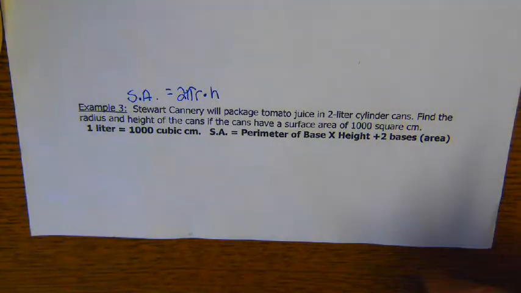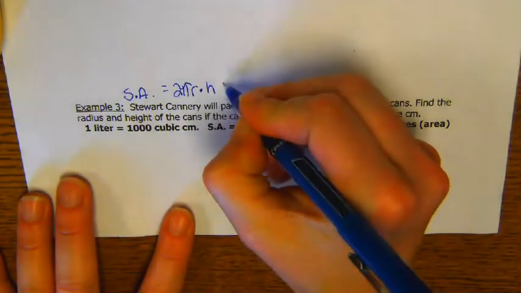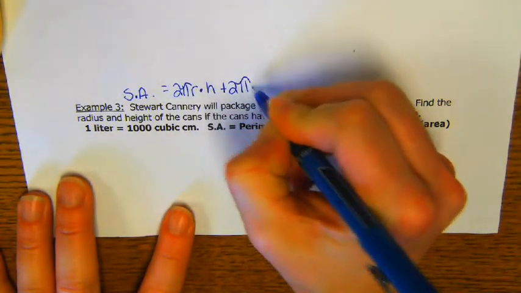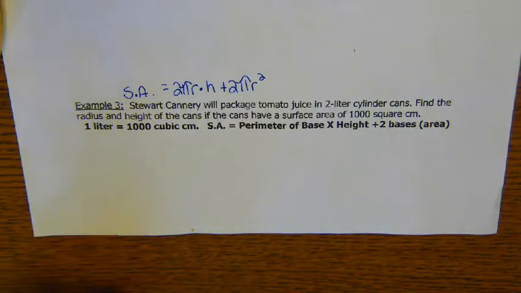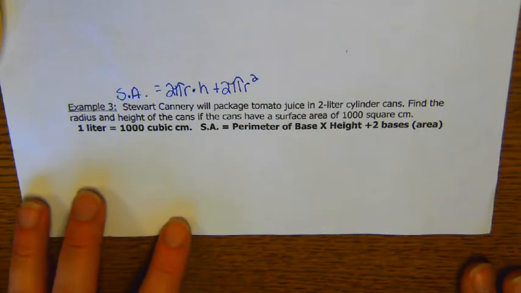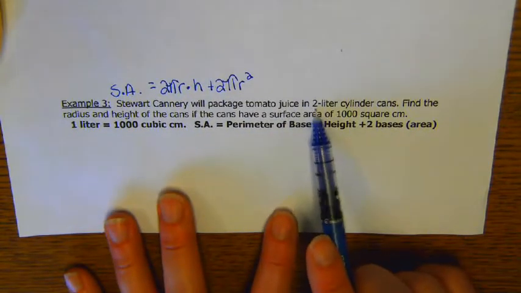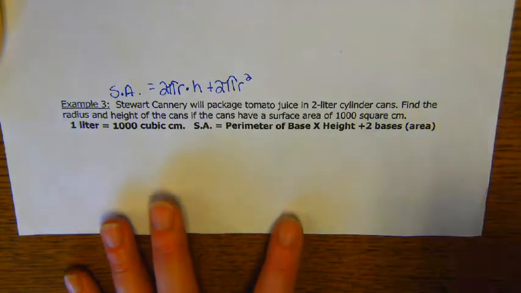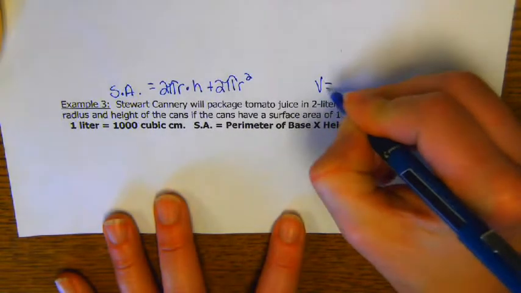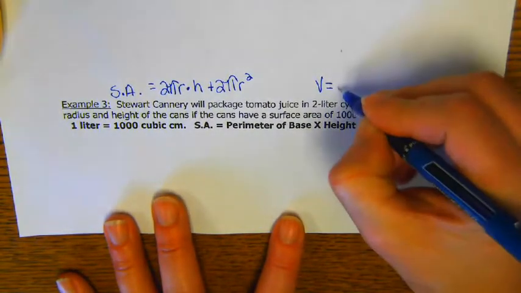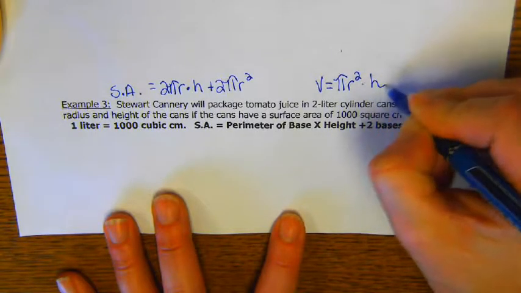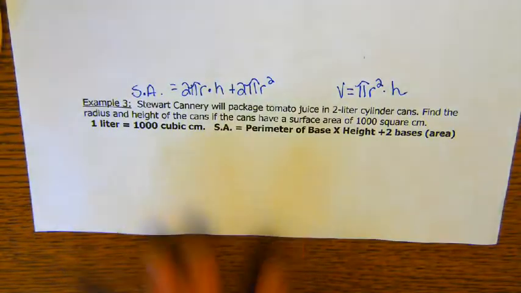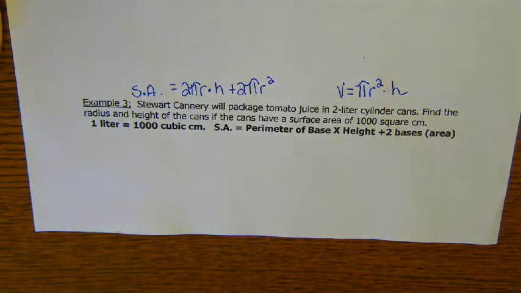Circles, and so what you end up adding on is 2 base areas, or 2 pi r squared. I'm only showing you where that formula comes from so it makes sense that it's not just a bunch of numbers. Another thing we're going to use in this problem is I give you the volume. And so just a reminder, the formula for volume of a cylinder is pi r squared times h. So jot those things down.